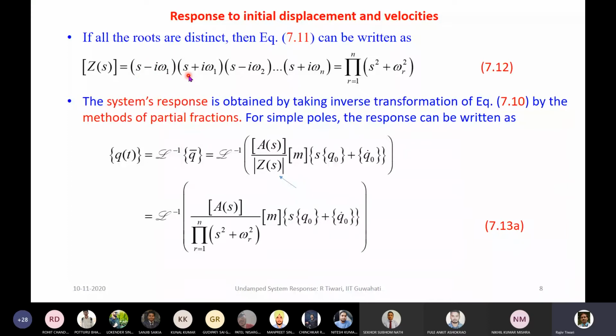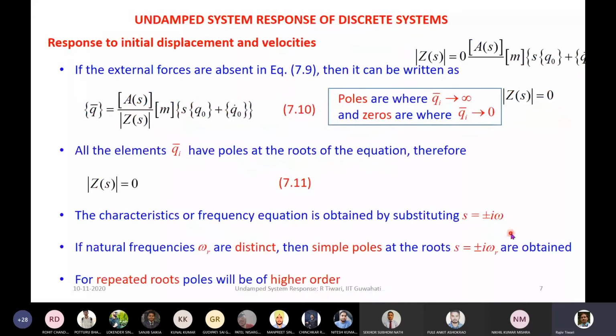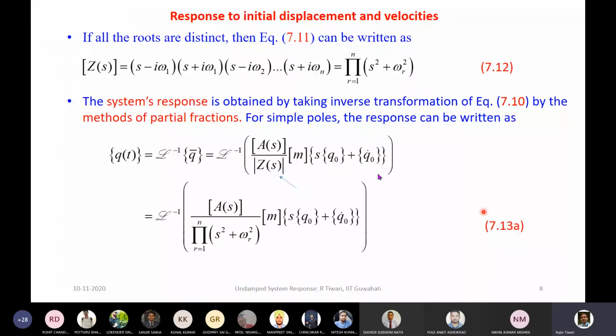When we put s equal to minus i omega 1, this becomes 0. So that's why, because we have n number of natural frequencies, we should be able to factorize the roots of this. Then only, when we equate this to 0 independently, we'll get the n natural frequencies.